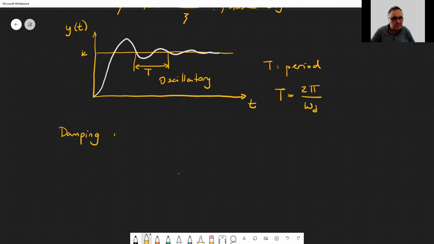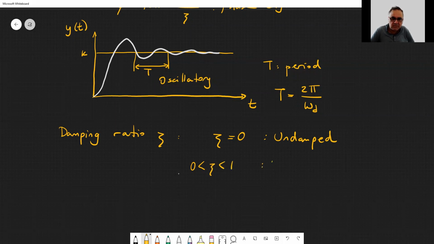Damping ratio, let's say zeta. If zeta is 0, you have an undamped system. If 0 is less than zeta less than 1, you have an underdamped system.